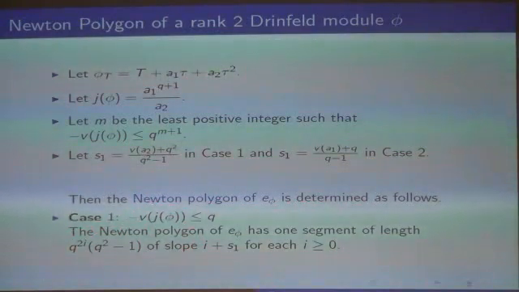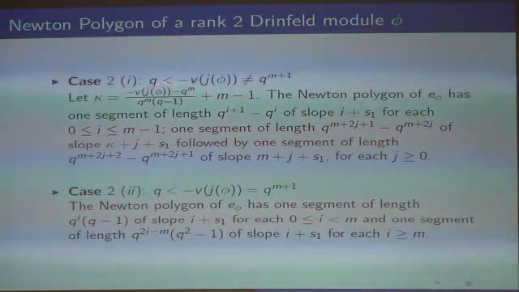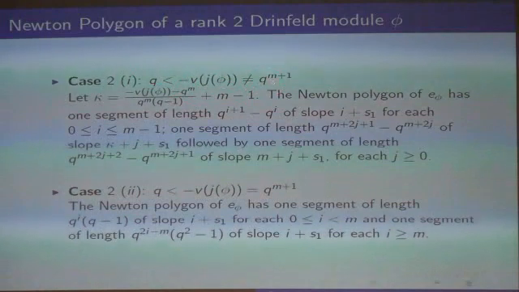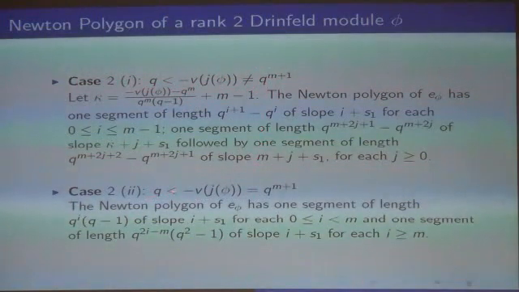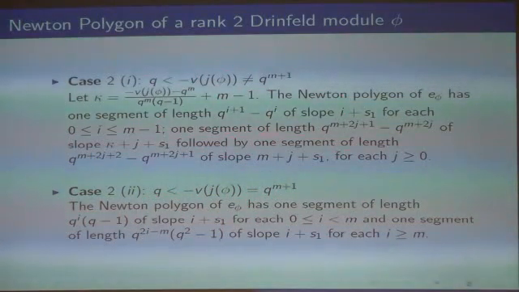In the first case, the negative valuation of the J invariant is bounded by q, or it's bigger than q but different from q to the m plus 1, or it's exactly equal to q to the m plus 1. Depending on these three cases, it was possible to determine the Newton polygon shape exactly. You don't need to know the details.